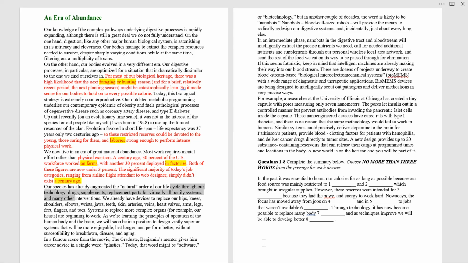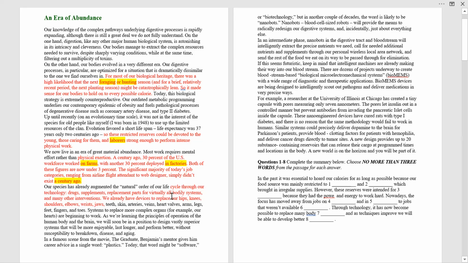Replacement and replace, if you see, are also sort of paraphrases of each other. So what it says: through our technology, drug supplements replaced parts of virtually all bodily systems.